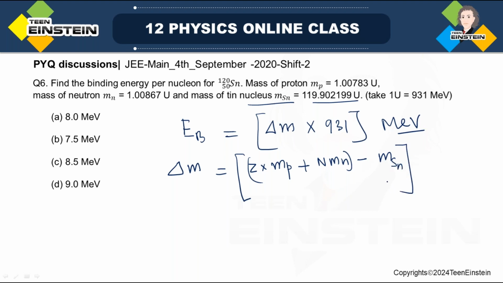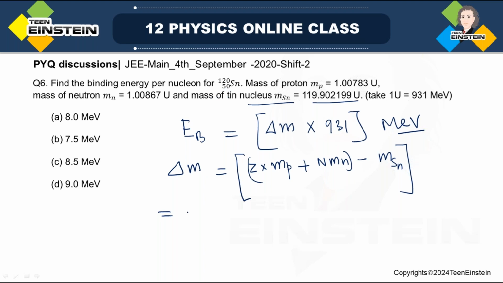So this will give you the mass defect. If we put each and every value, I have already done the calculation. You can just go and solve it. You can just go and do the multiplication part, addition and subtraction.